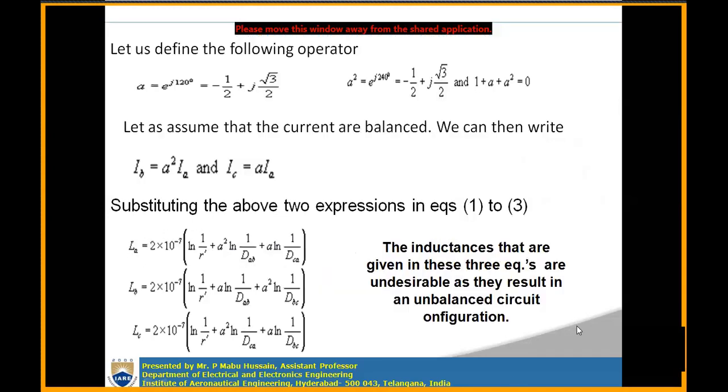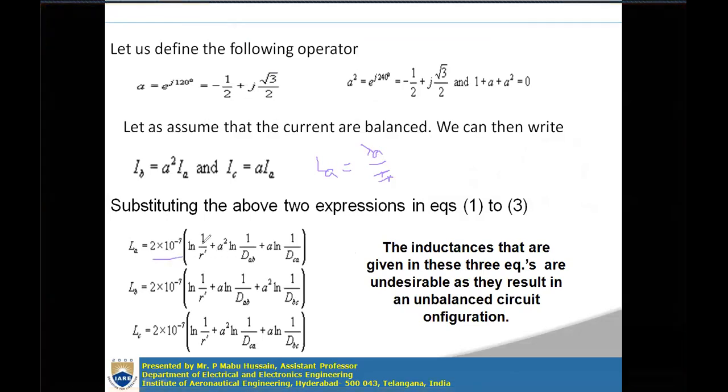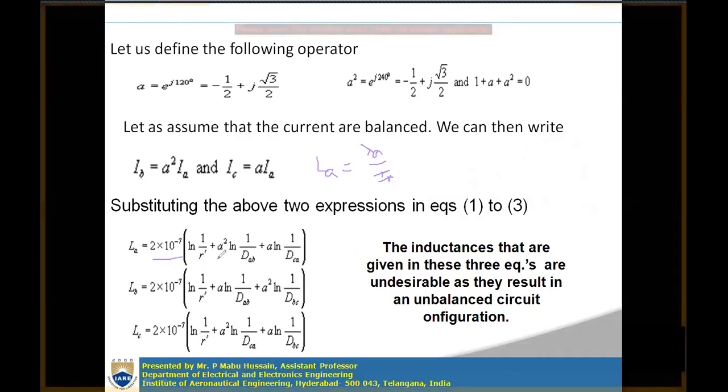See here, when you write the inductance of conductor A, this will be equal to lambda A by IA. The final expression of lambda A by IA is 2 into 10 power minus 7, first ln 1 by r dash plus a square.